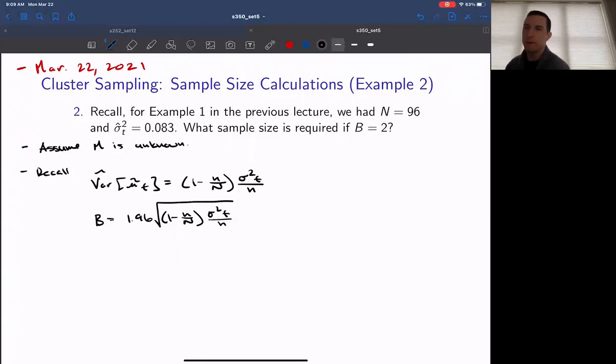Okay. And now basically you can see that this is the exact style of rearrangement that we've been used to whenever we've done sample size calculations for SRS.